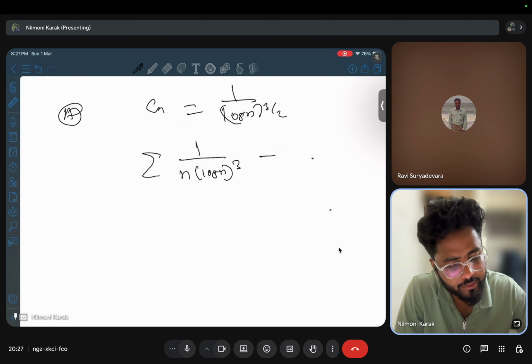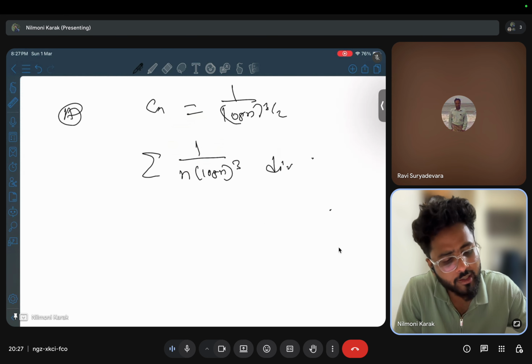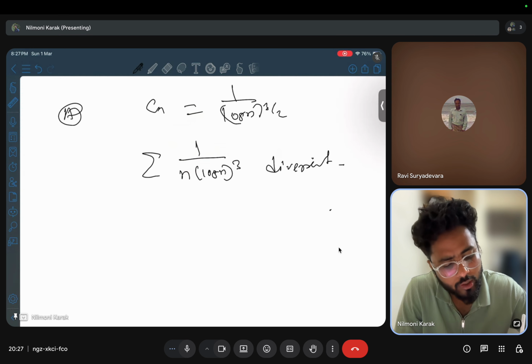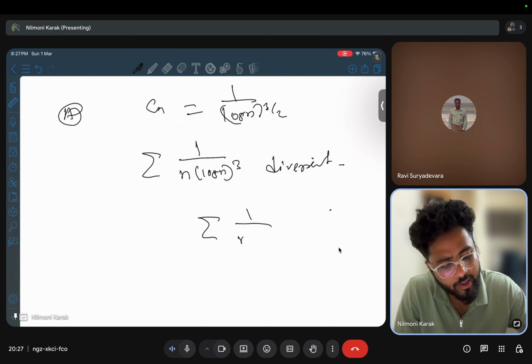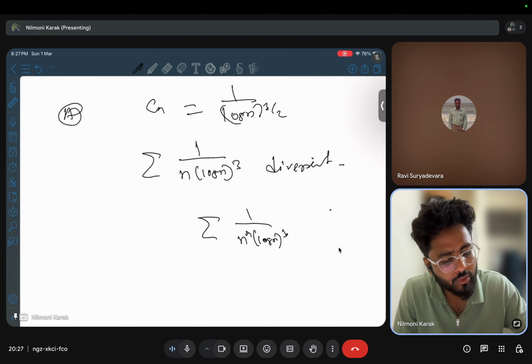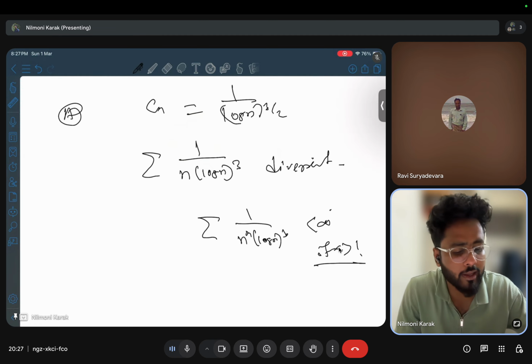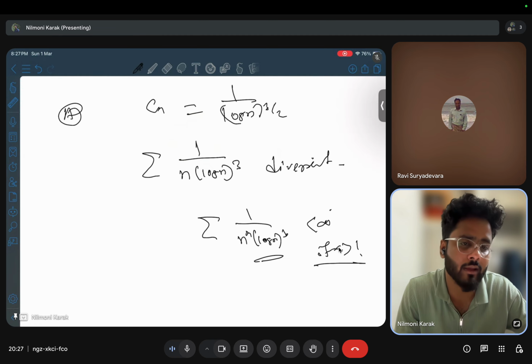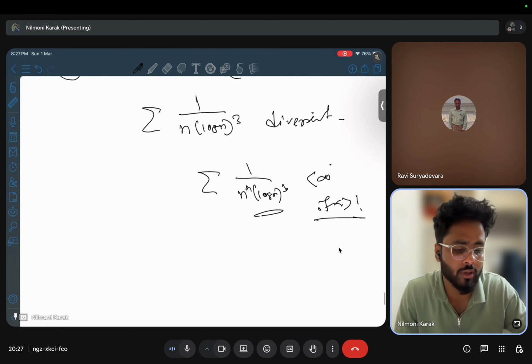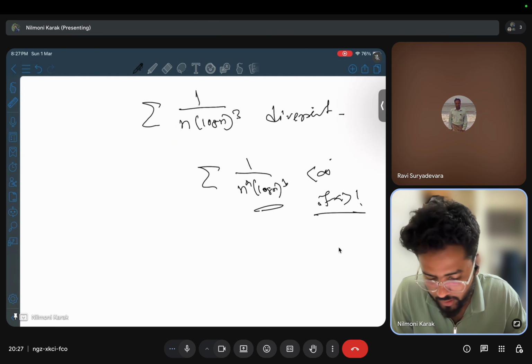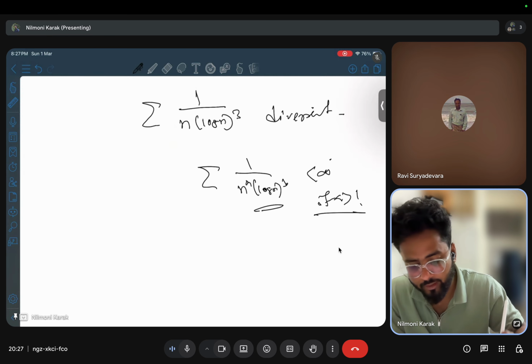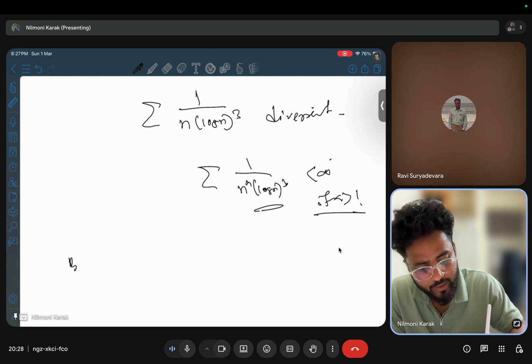Sorry, this is divergent. I think you have seen this: the sum of 1 by n to the power a log n to the power b converges if a is greater than 1. This can be done by the Cauchy condensation test. You can check.